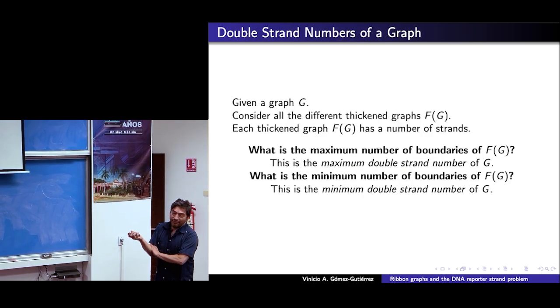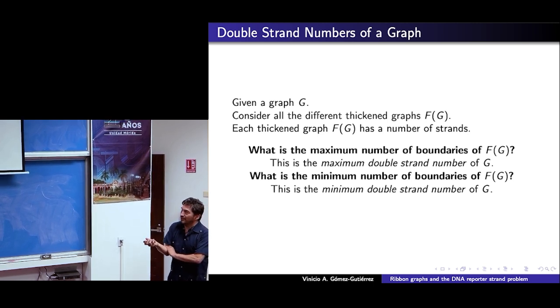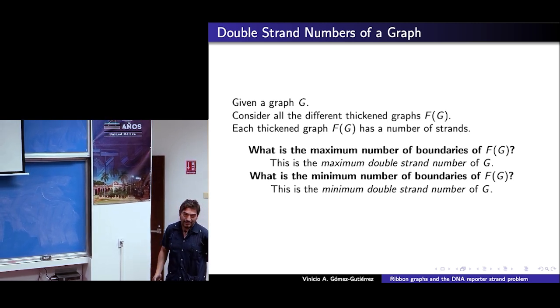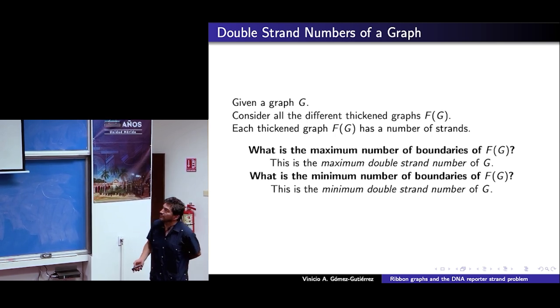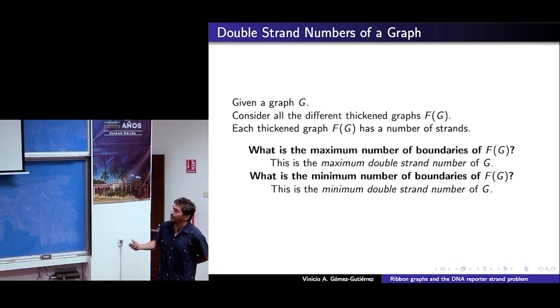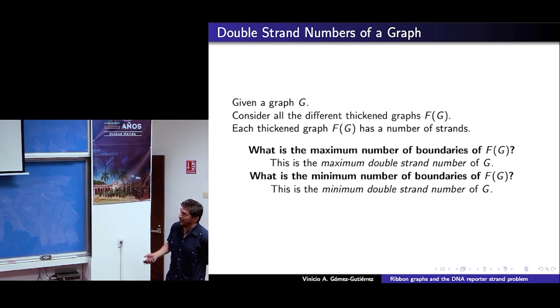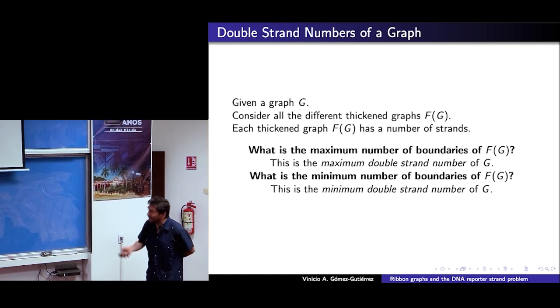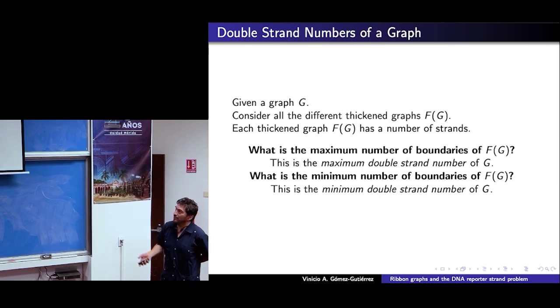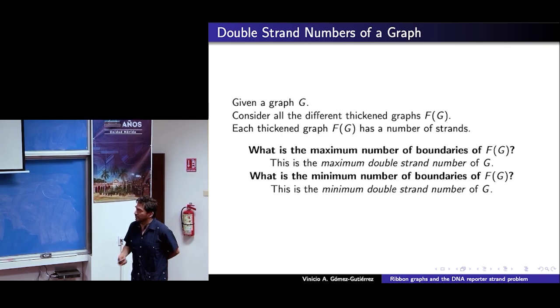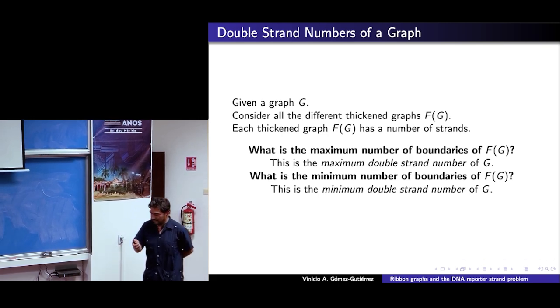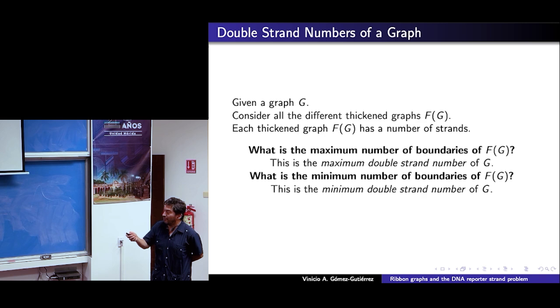Double strand number of a graph. Given a graph G, consider all the different thickened graphs. Each thickened graph has a number of strands. What is the maximum number of boundaries of these thickened graphs? And what is the minimum number? There are new invariants of the original graph.